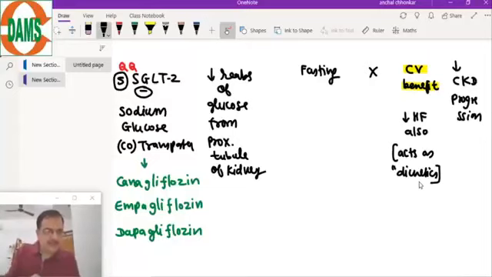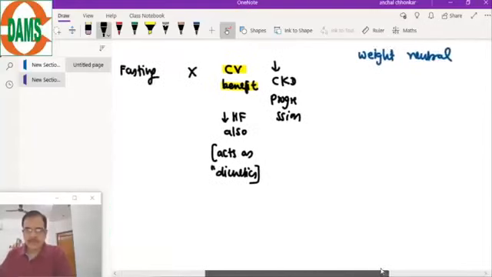Sodium is also inhibited from getting reabsorbed, so they work as a diuretic, so they will help in heart failure and they will help in cardiovascular disease. Now, they also decrease the CKD progression. Now, coming to the important side effect. So, the important side effect is, of course, urinary tract infections.